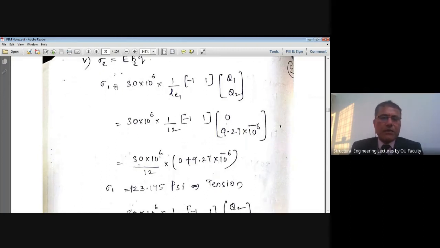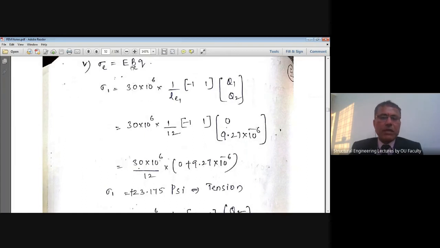Doing that, for the first element, sigma 1 is equal to E, B1 multiplied by Q1. E is 13 to the power 6, and B is called the element strain displacement matrix, 1 by L minus 1 1.